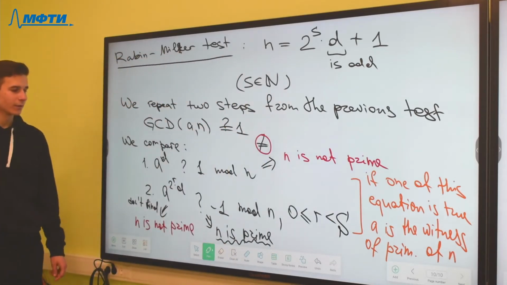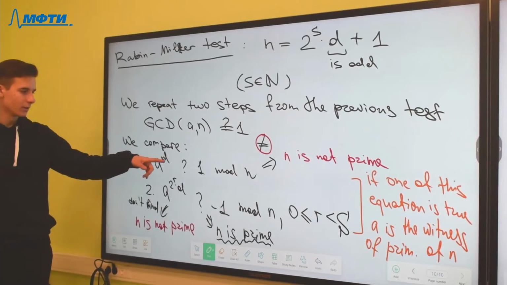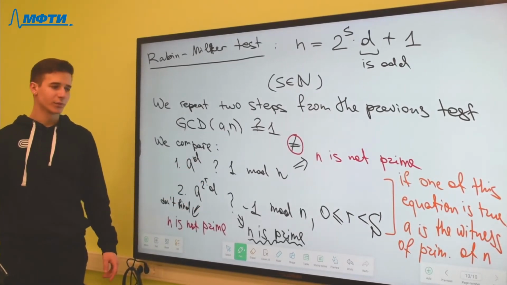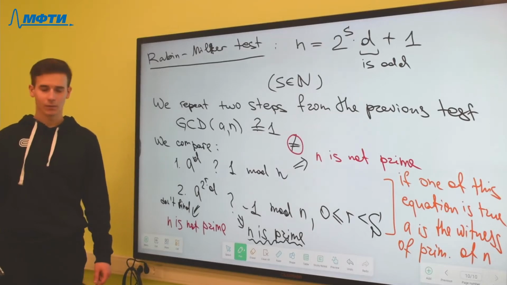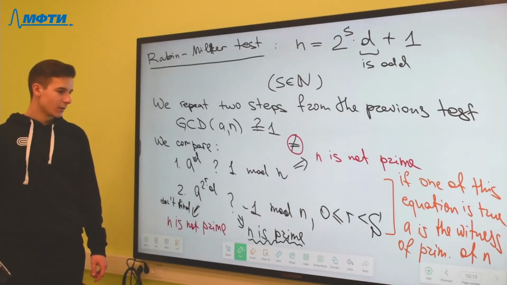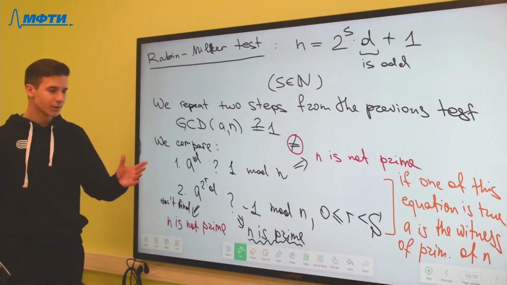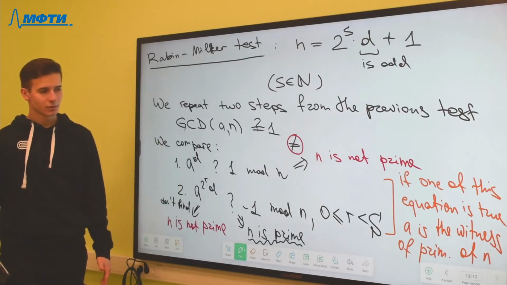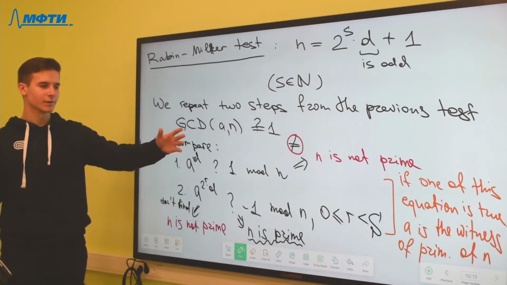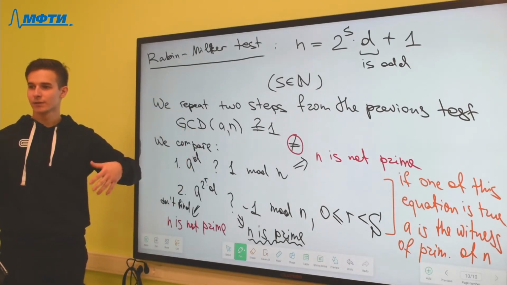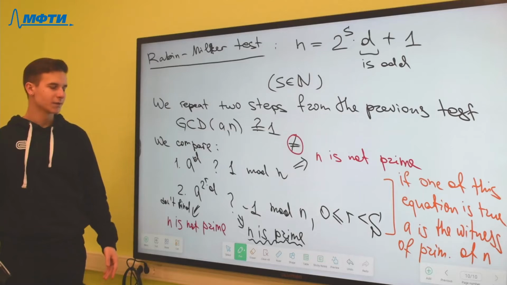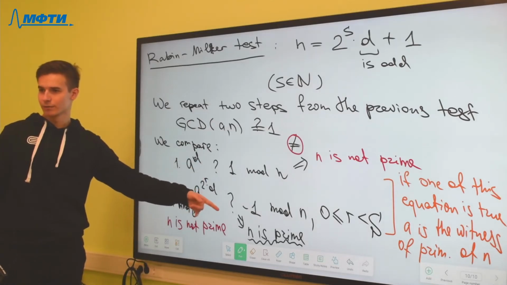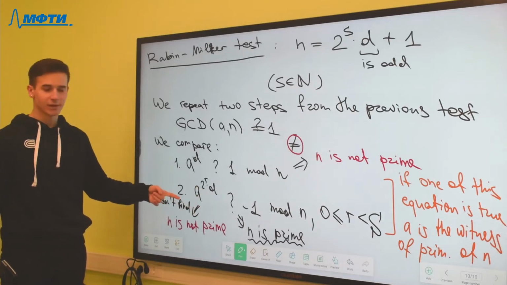Or if all of them are not equal, it is a witness of compositeness of n. So it is only about definitions. If you face a witness of compositeness or a witness of primality in the future, it is equal to the sum of these equations.